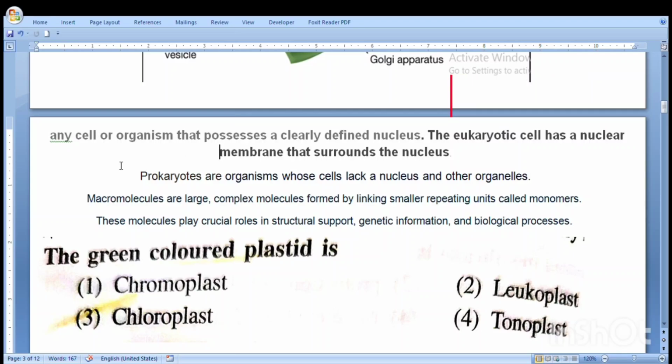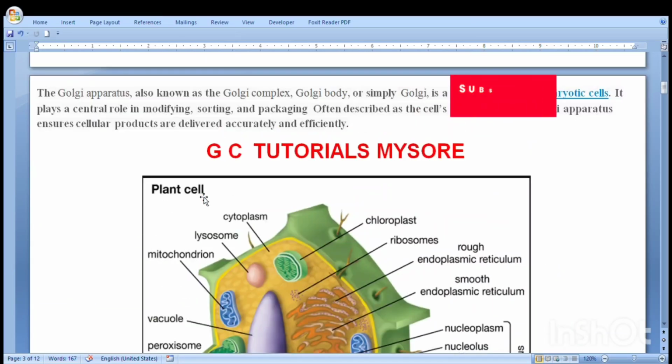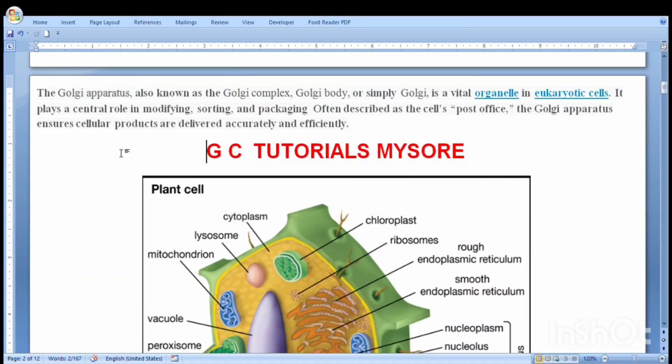Next, coming to the Golgi body or Golgi complex: the Golgi apparatus is also known as the Golgi complex or Golgi body, or simply the Golgi. It plays a central role in modifying, sorting and packaging.